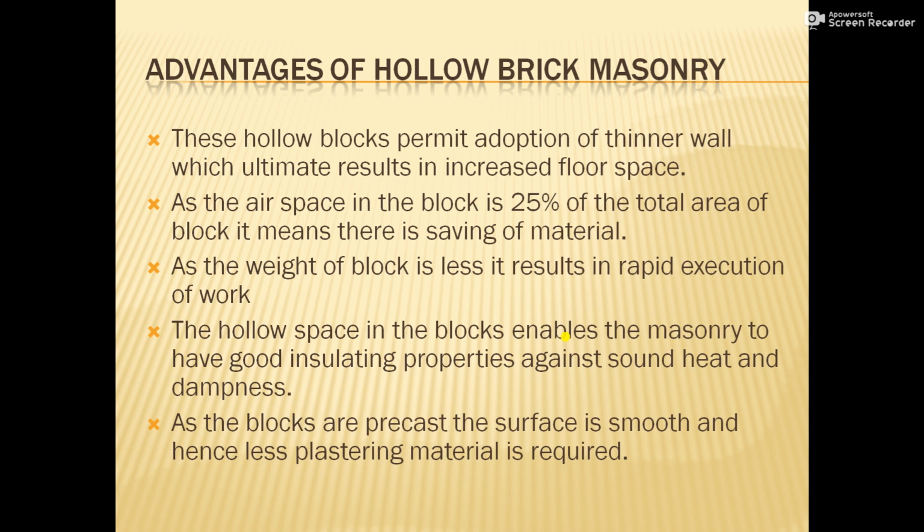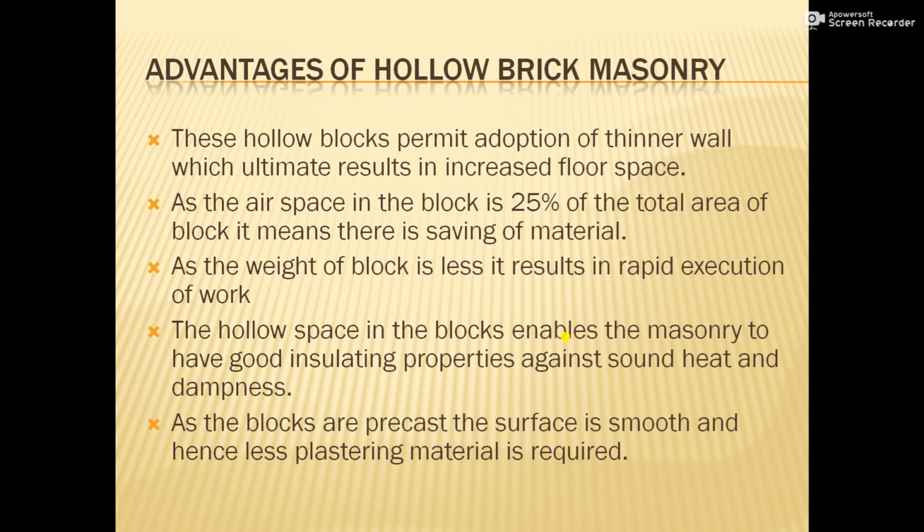And the last advantage, as the blocks are precast, the surface is smooth and hence less plastering material is required. As we know, the AAC blocks are manufactured in molds.